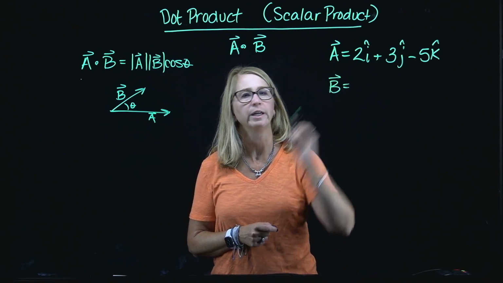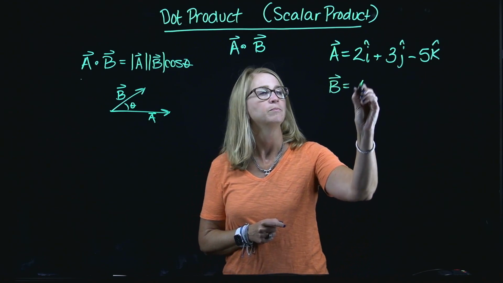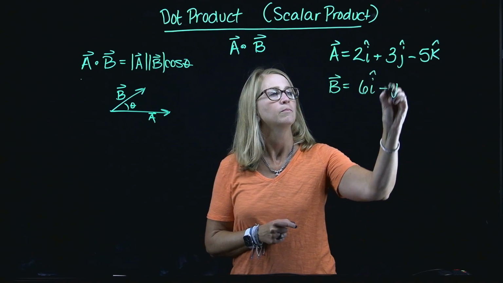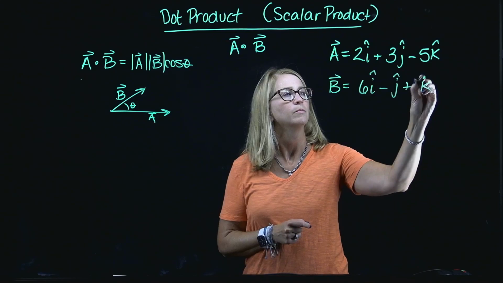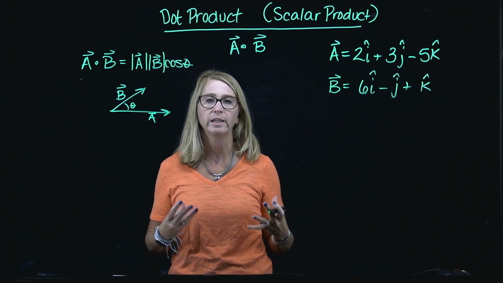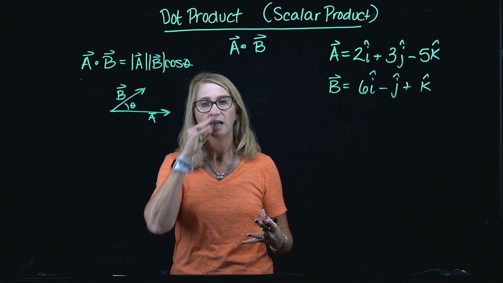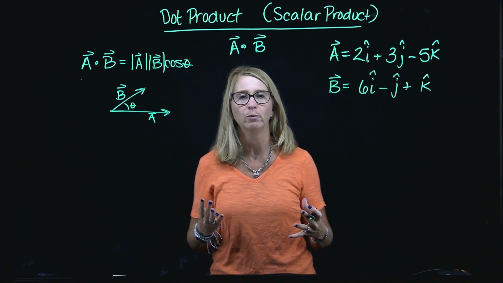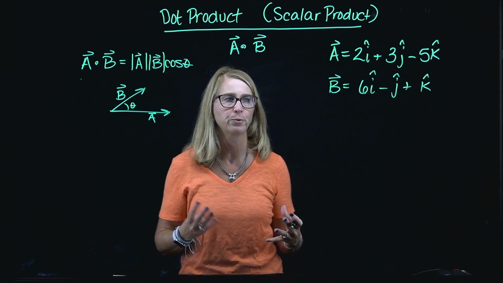And similarly, I have a vector B that also has 3 components. The question is, how do I calculate that dot product? Because I don't have any idea what the angle is between those 2 vectors.